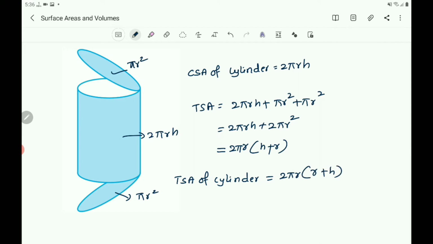So the TSA of the cylinder equals 2 pi r into r plus h. Curved surface area of the cylinder is 2 pi r h, and total surface area of the cylinder is 2 pi r into r plus h.